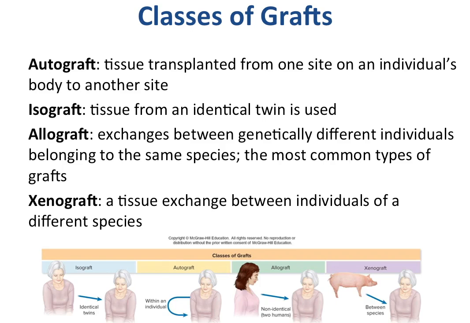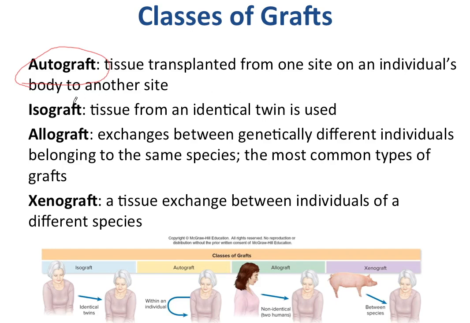We get one tissue from a patient's body and transplant it to another site of the same patient. There is no rejection for the autograft because the tissue is from the same patient, so the MHC molecules are the same. There is no difference in the immunity background.